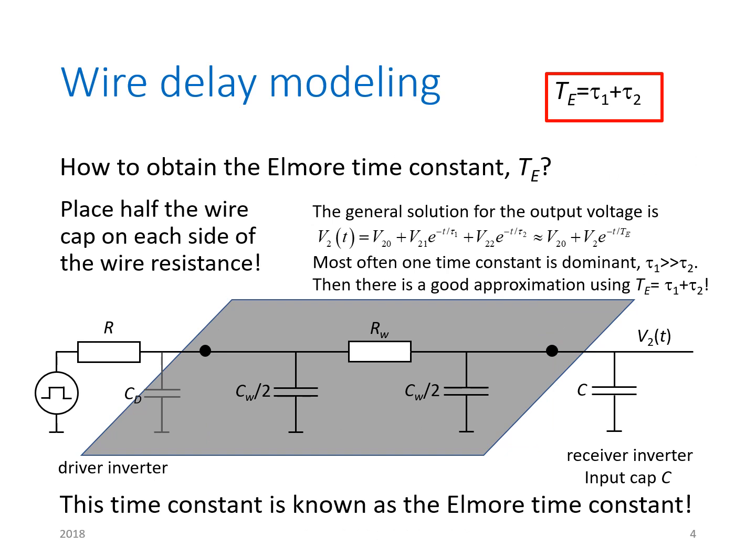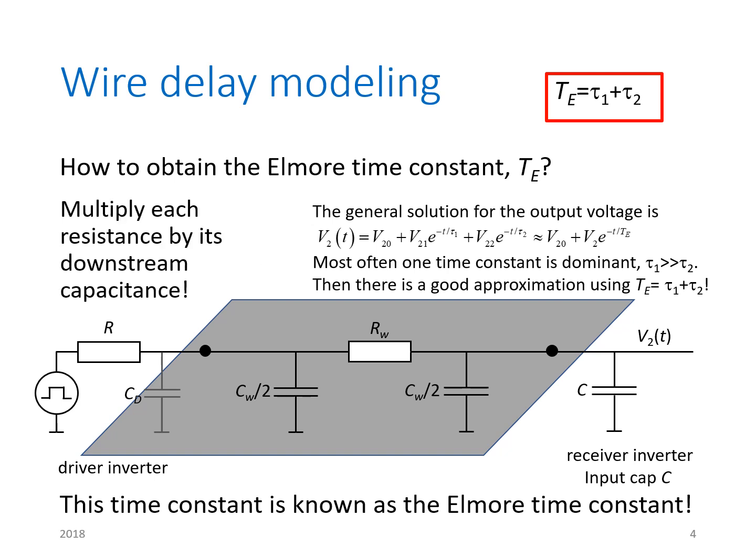How to obtain the Elmore time constant from the circuit schematic is the next problem. But there is a simple rule for that. Multiply each resistance by its downstream capacitance. So let's have a look at one resistance at a time, starting with the driver resistance, the effective resistance of the driver.